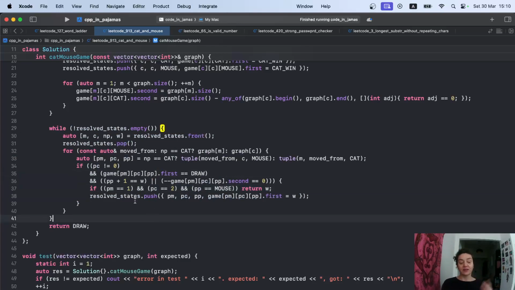We're going all over the queue, which we know is n squared, and each time we loop over all the adjacencies of the one who made the move to where he is now. So this is also n. Because this is n squared and this is also n, because a node may be adjacent to all others, this is already n to the power of 3. So this is the time complexity, n to the power of 3.